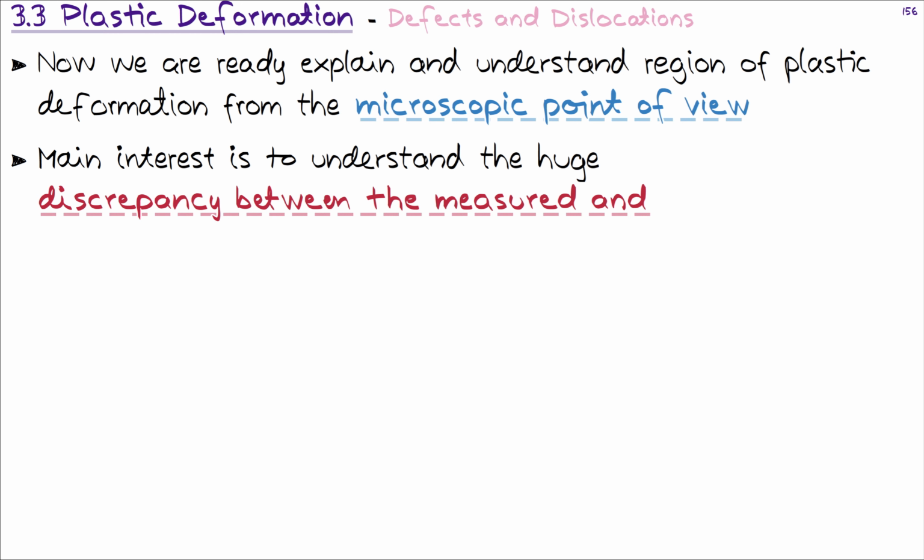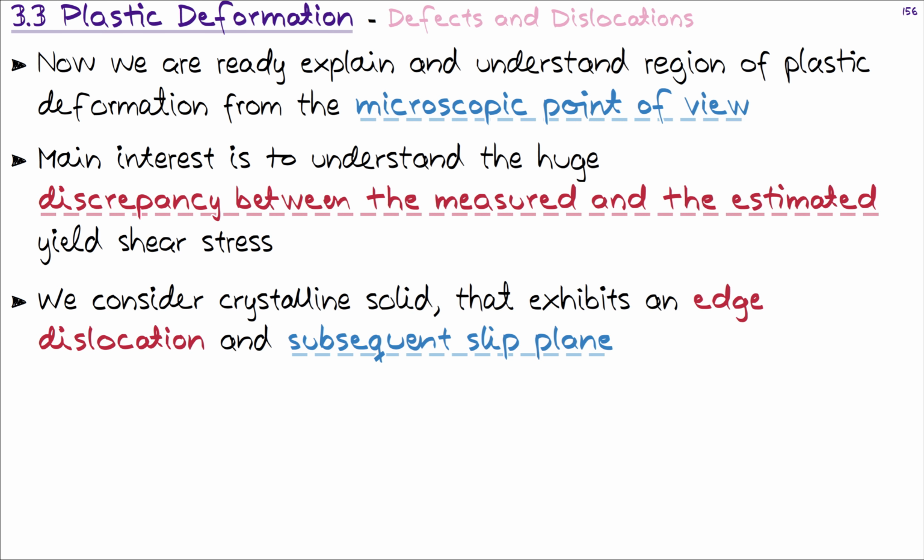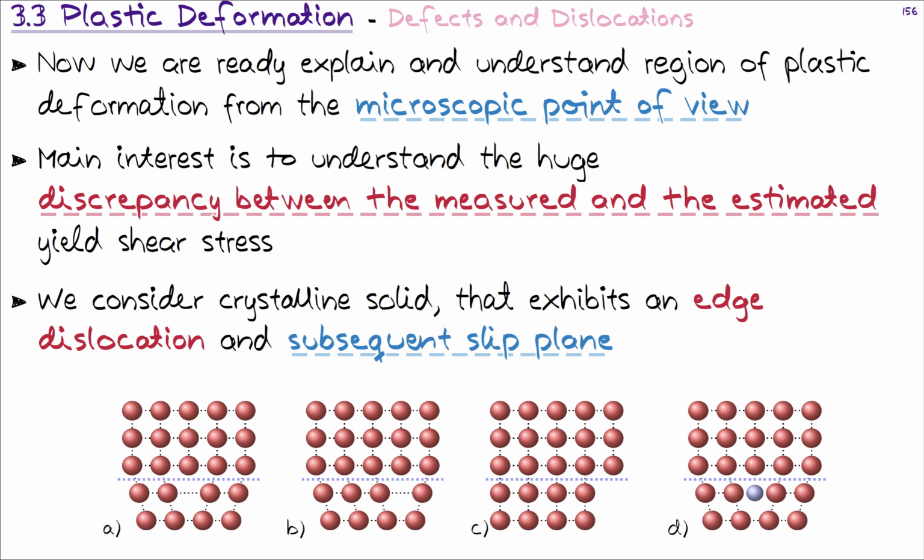So we want to understand the huge discrepancy between the measured and the estimated yield shear stress values, as we encountered in the previous lecture. And we consider a crystalline solid that exhibits an edge dislocation, and we will have a subsequent slip plane, and this is shown in the figure below, so that we will have the edge dislocation here, and we will have a slip plane.